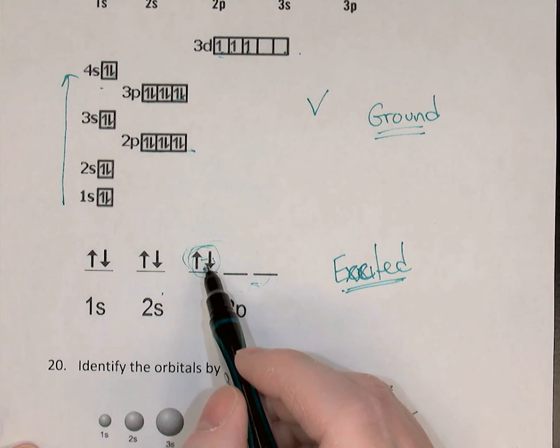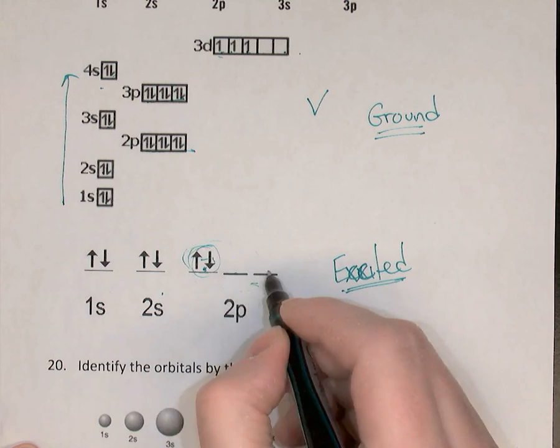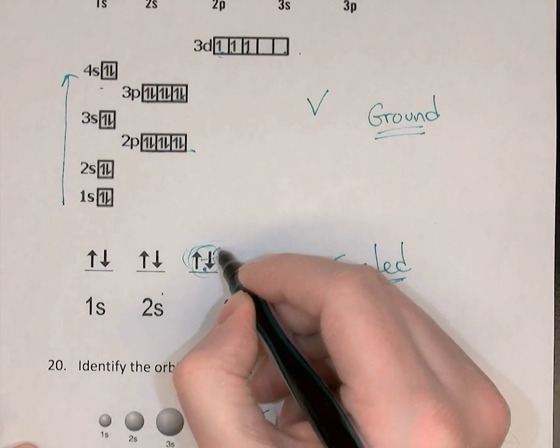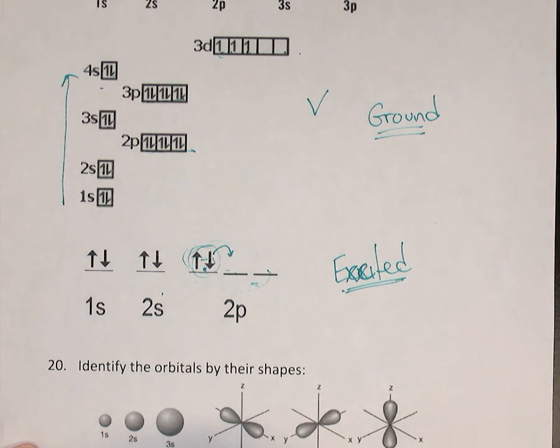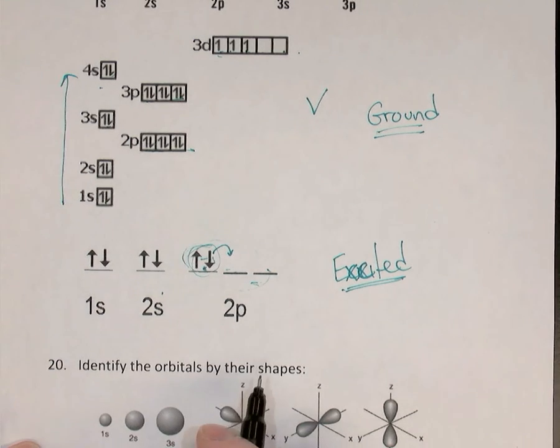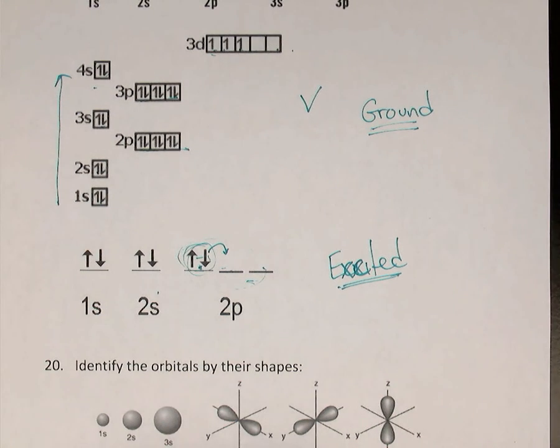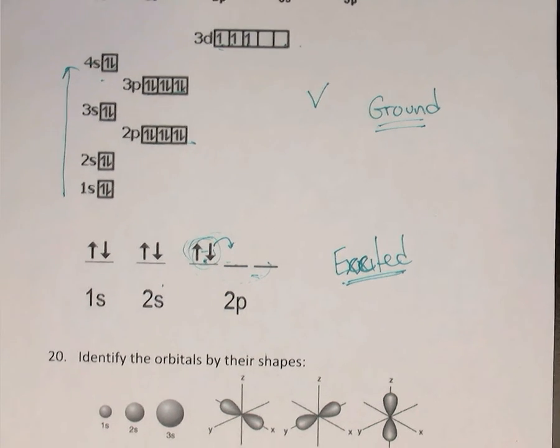They really want to get away from each other. So if there are empty orbitals available, this electron would really like to move to the next orbital. By forcing it into this same orbital, it's a higher energy situation, so it's an excited state. Violations of Hund's rule are possible, but they're not ground state situations.